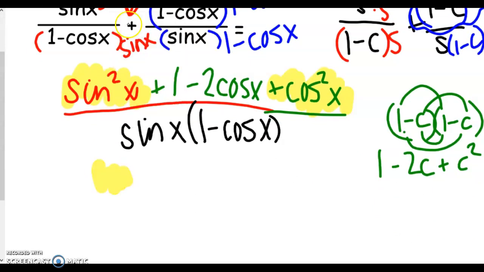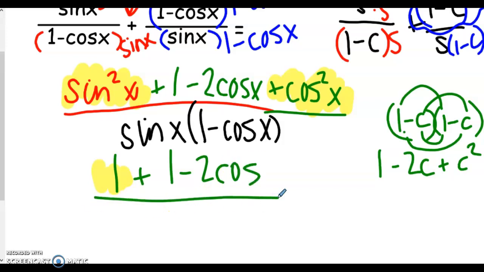That equals 1. So I've got 1 plus 1 minus 2 cosine x all over sine x times 1 minus cosine x.